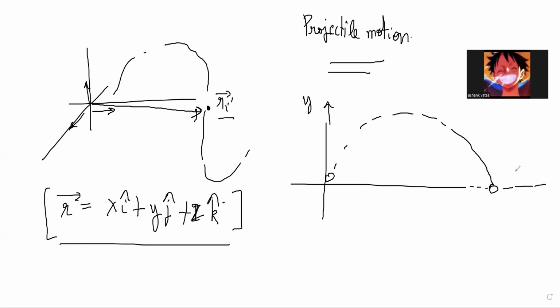There is a Y axis, there is an X axis, and the projectile is thrown at an angle theta with speed u. Now, this velocity has two components, one vertical component uy and one horizontal component ux, right? Yeah.